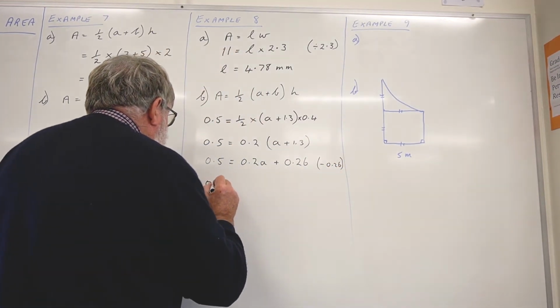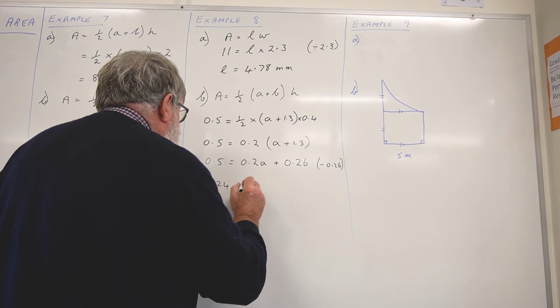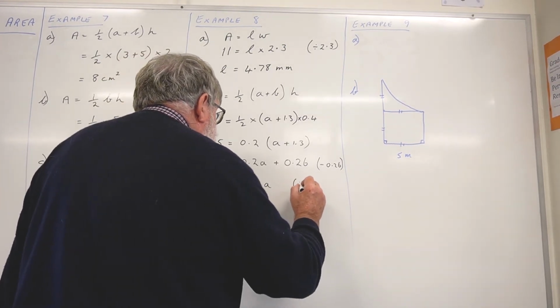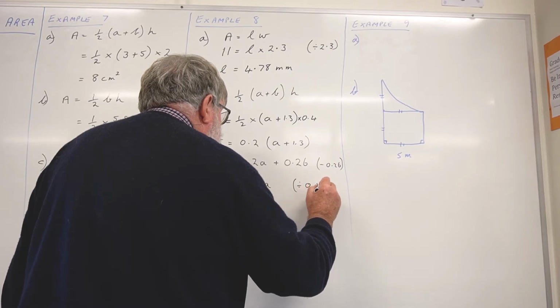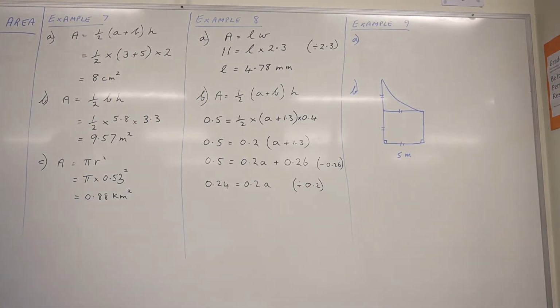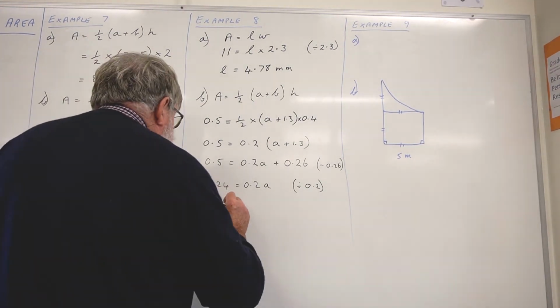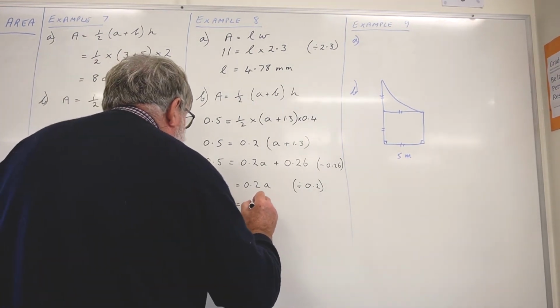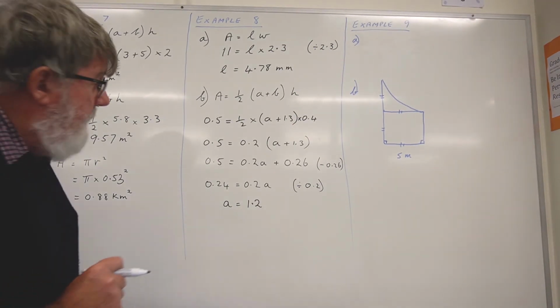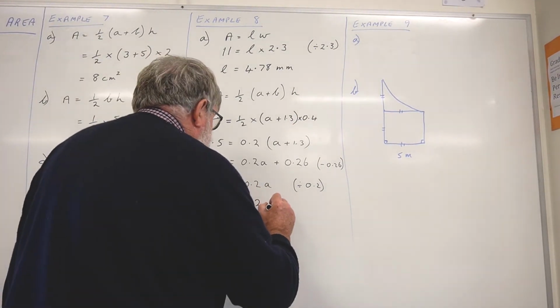That would give me 0.24 is equal to 0.2A, and then we would divide by the 0.2, which would give me 1.2. So A is 1.2, and again checking the units, 1.2 metres.